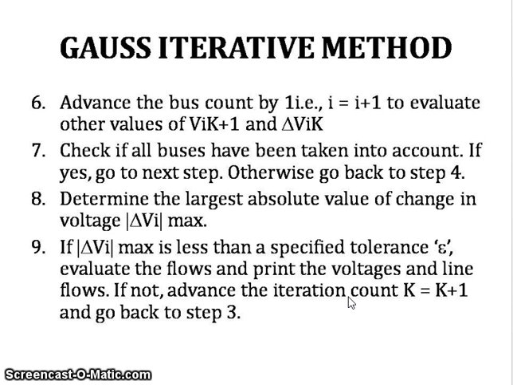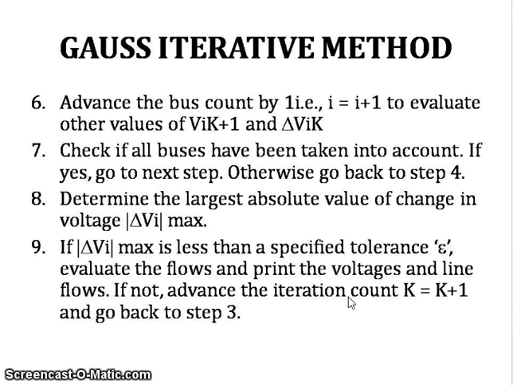Otherwise, we go back to step number 4 and again calculate delta V_i^k for all the buses. Now we determine the largest absolute value of change in voltage, delta V max. If delta V max is less than the specified tolerance epsilon, evaluate the flows and print the voltages and the line flows. If not, advance the iteration count k equals k plus 1 and go back to step 3.